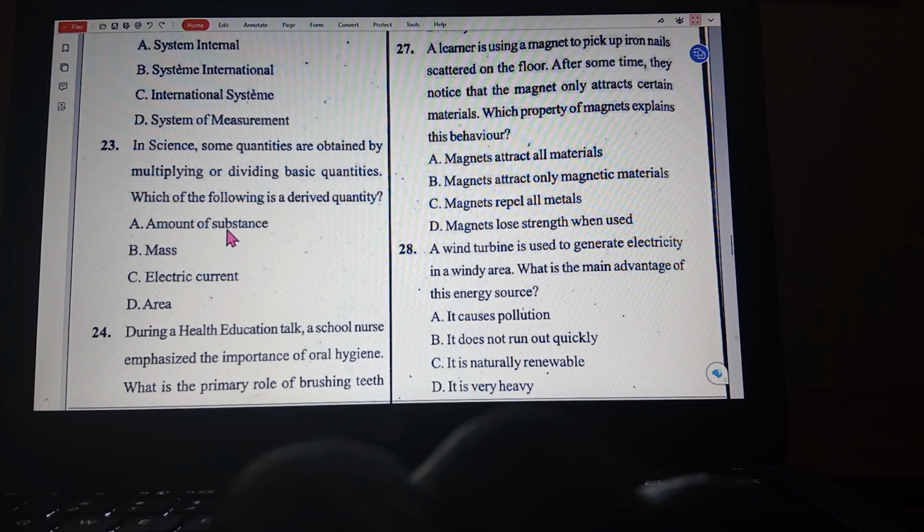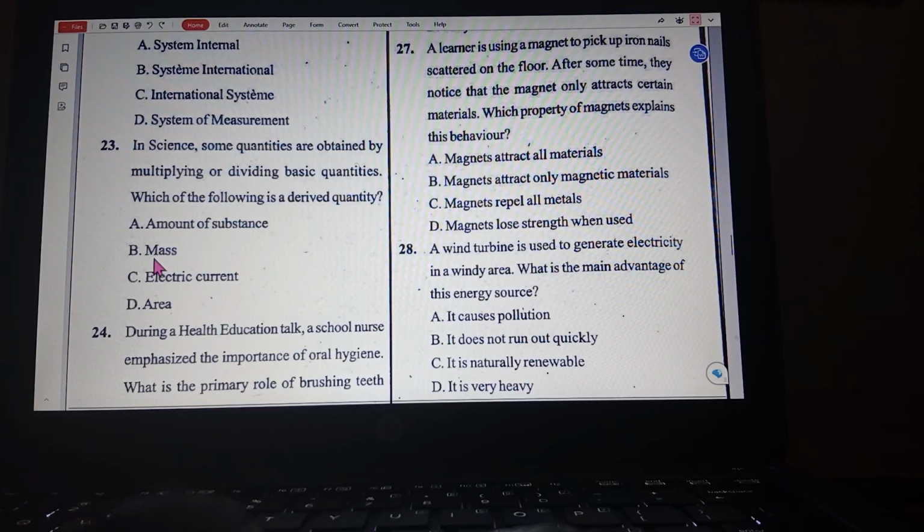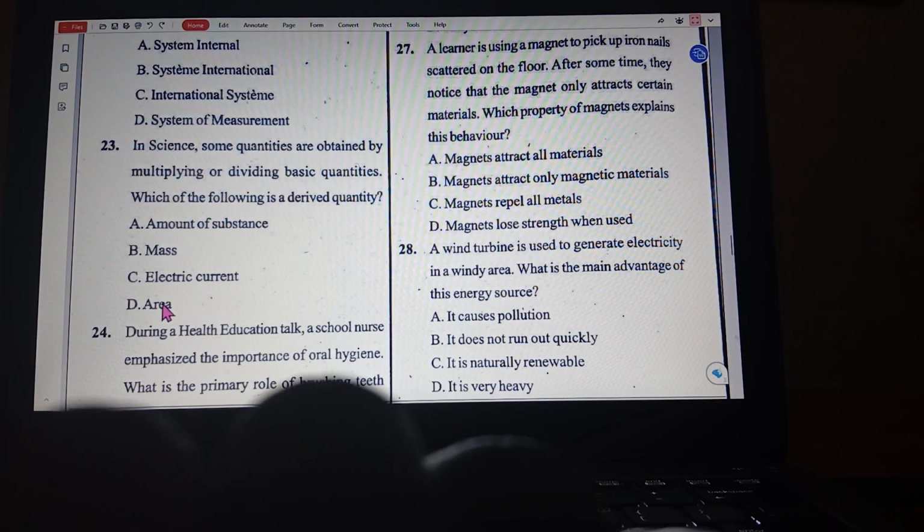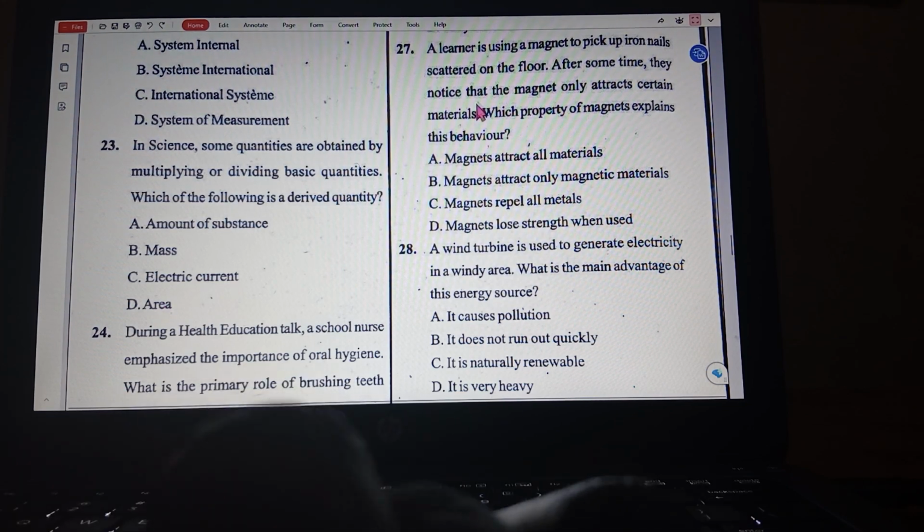Amount of substance, this is a basic quantity. Mass, a basic quantity. Electric current, a basic quantity. Area, a derived quantity. We get derived quantities from basic quantities. Now the answer is A. Area is a derived quantity.